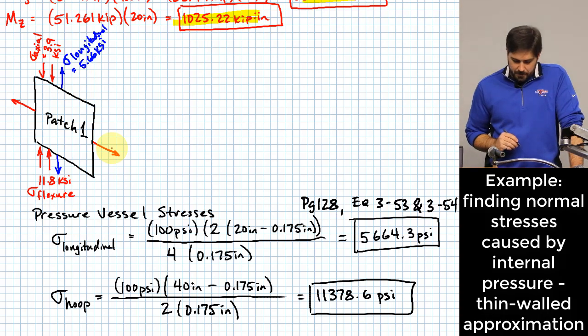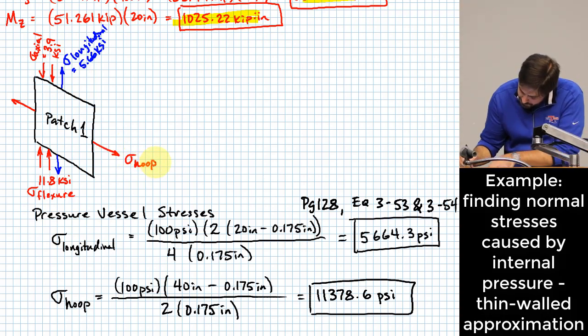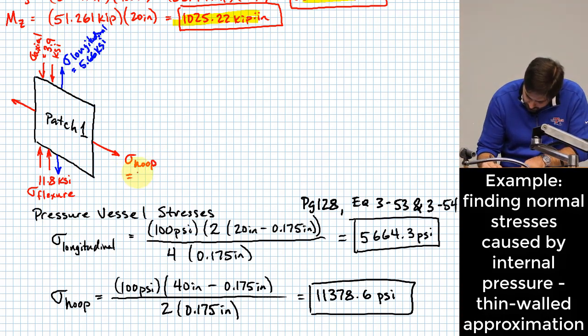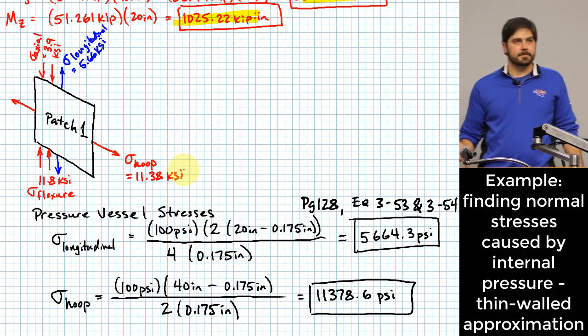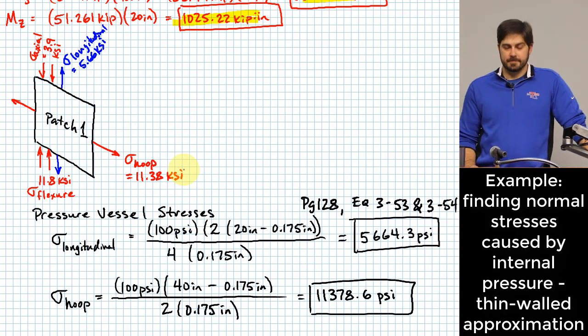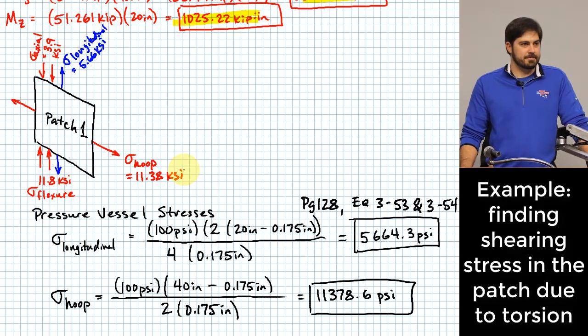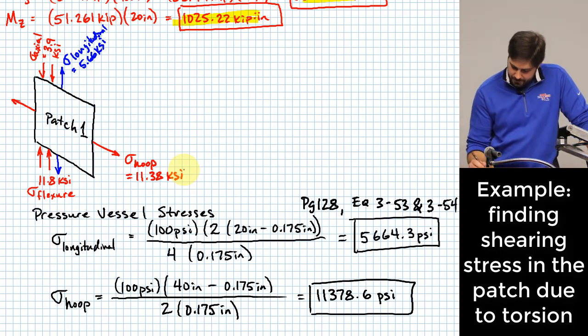And its value here, that's my hoop stress, is going to be 11.38 ksi. All right, so now we've done our pressure vessel stresses. Okay, what else do we have to do?